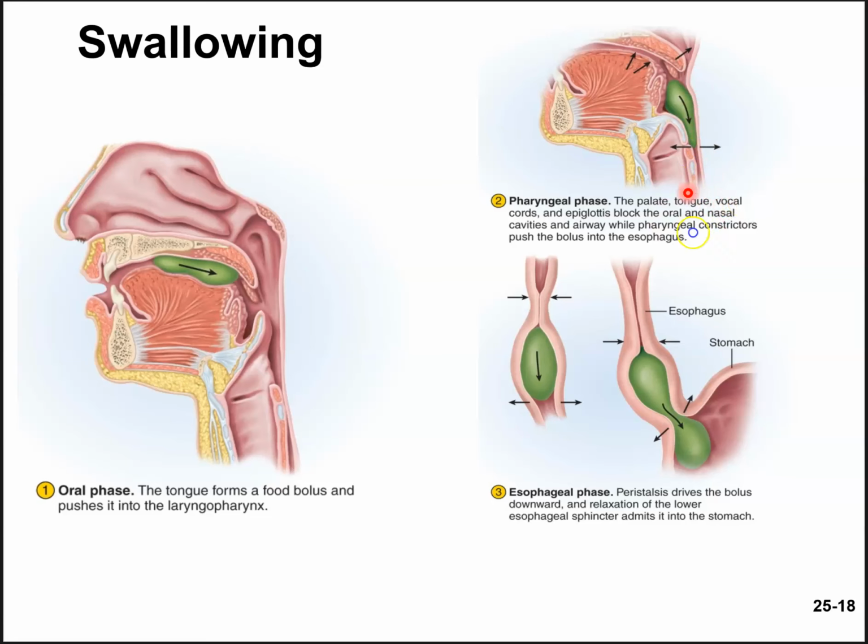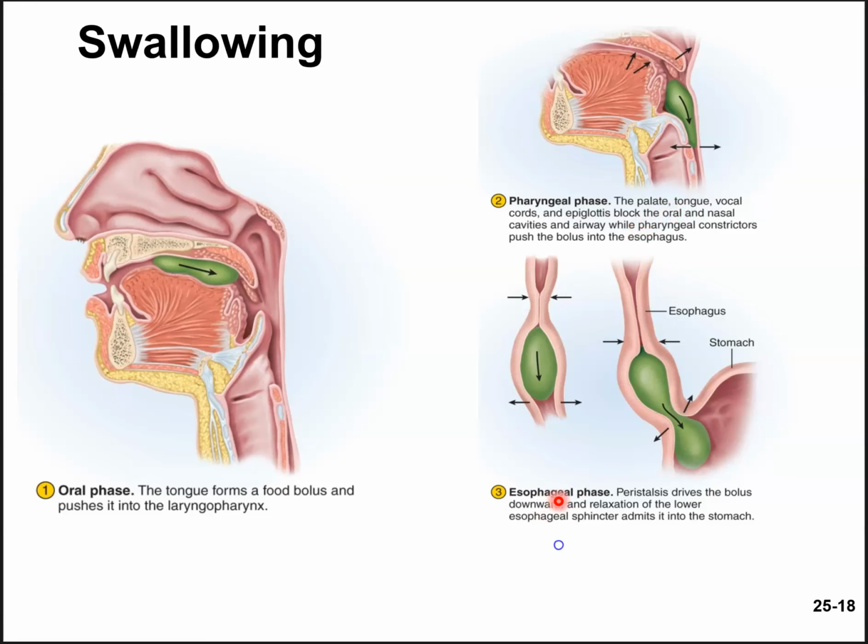At the same time, the pharyngeal muscles, which are mostly skeletal muscles, contract and help in pushing food down the esophagus. At this point, when you're trying to swallow the food, you cannot breathe. So once you're swallowing food, you stop breathing momentarily.